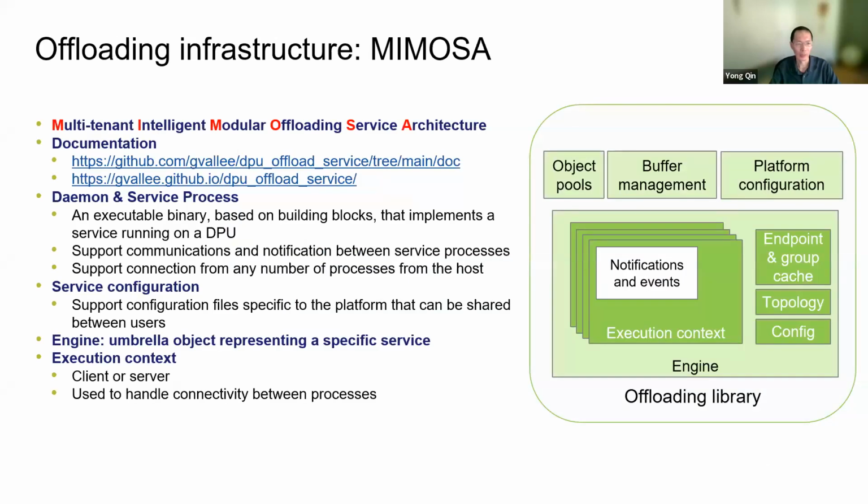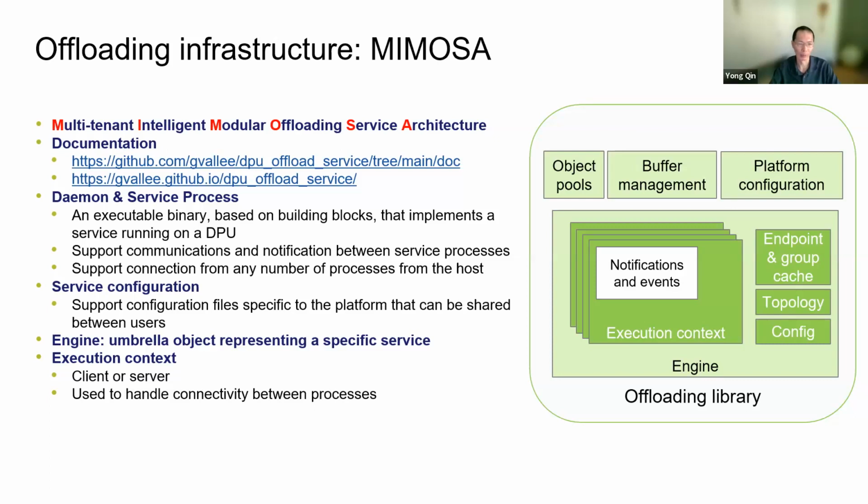This slide is to answer one of the questions that was asked earlier. If we're not using Docker, then how do we keep both the host and the DPU in sync? Here we have to talk about an infrastructure library that we developed at NVIDIA, which is called Mimosa. This is a library that we use to run as an infrastructure on both the host and the DPU. It does not rely on Docker.